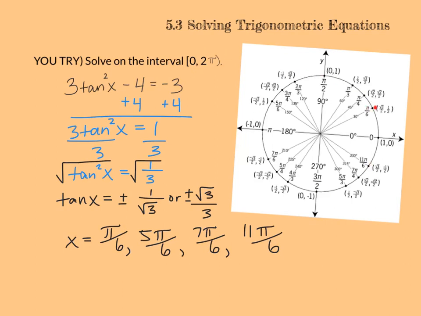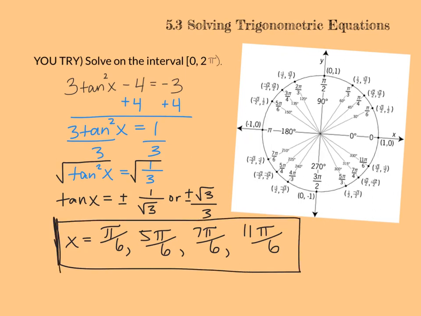So if I started off with pi over 6 and added plus 2 pi, I would be greater than 2 pi. I would be at 13 pi over 6 here, starting here and looping all the way around. So we only need these 4 answers to solve that one.